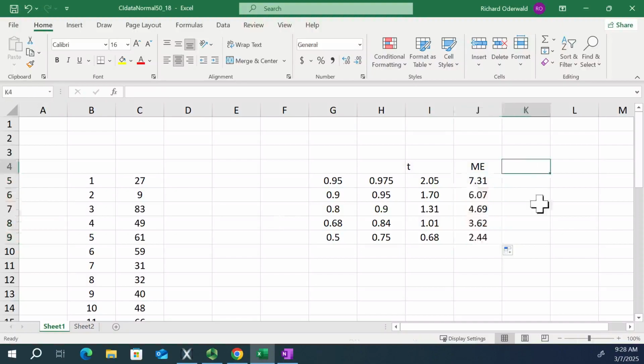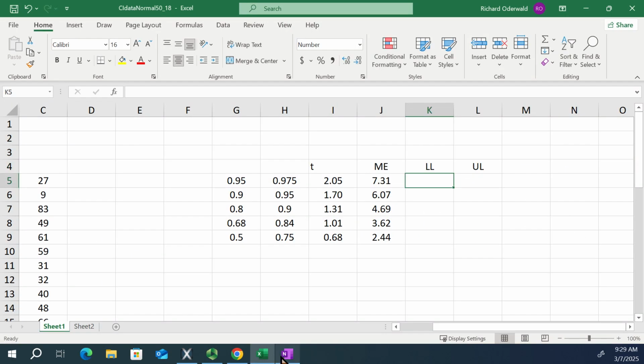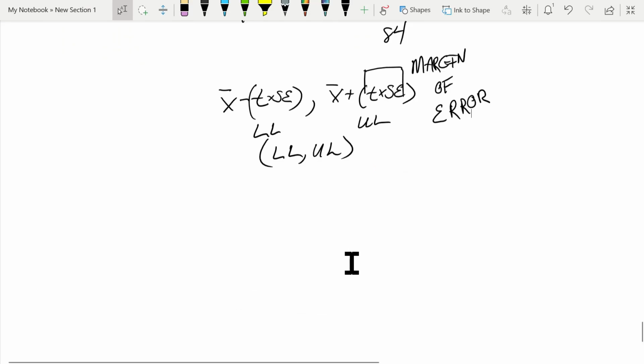So I need to calculate it. Put in here lower limit and upper limit. This is where the formula average minus the margin of error and average plus the margin of error comes in. So for this, I've got the margin of error. I've got t times the standard error.